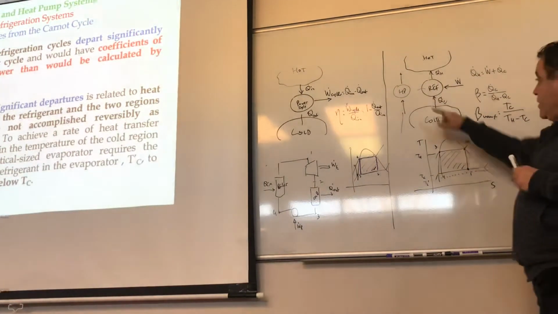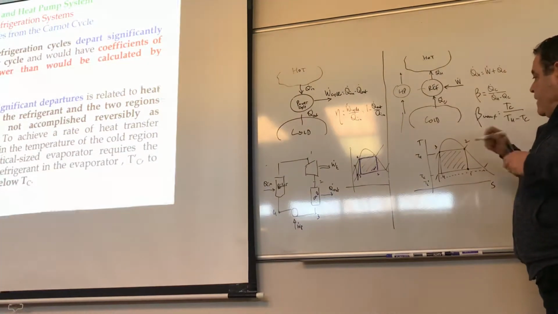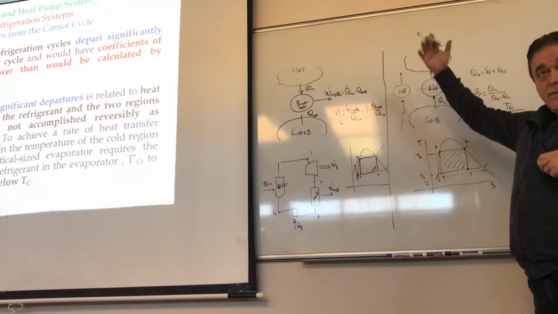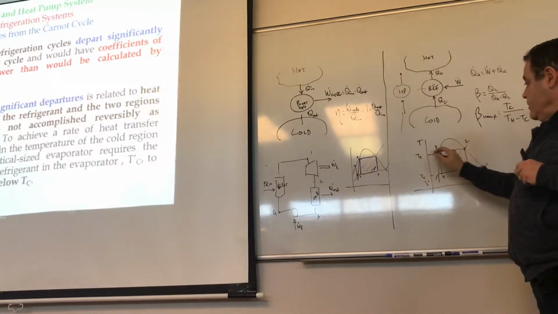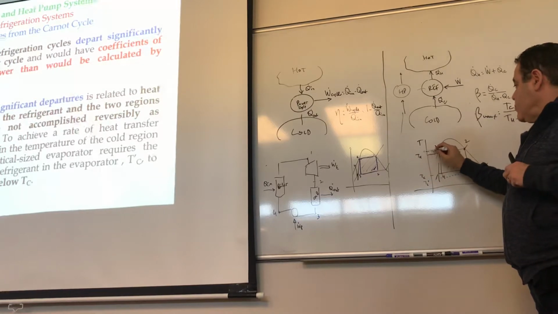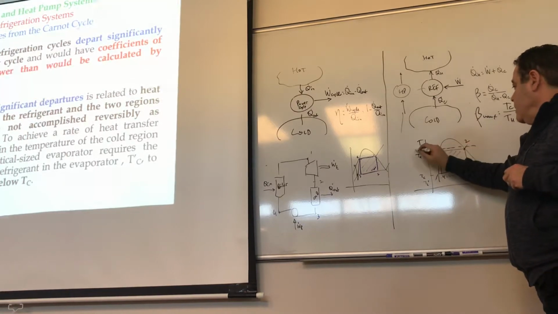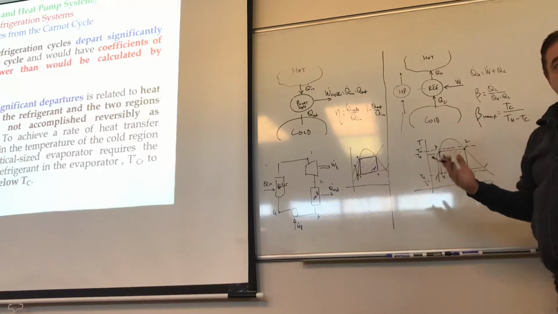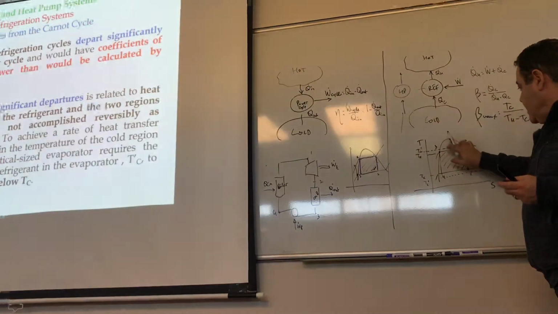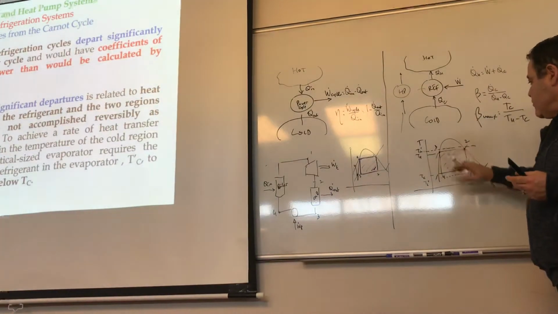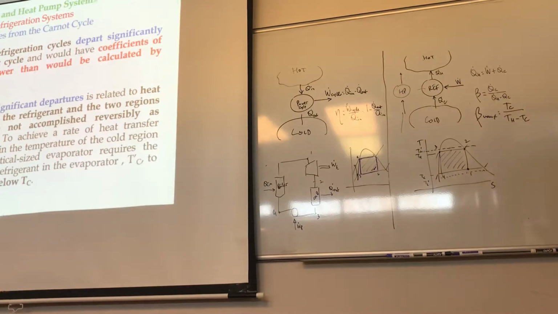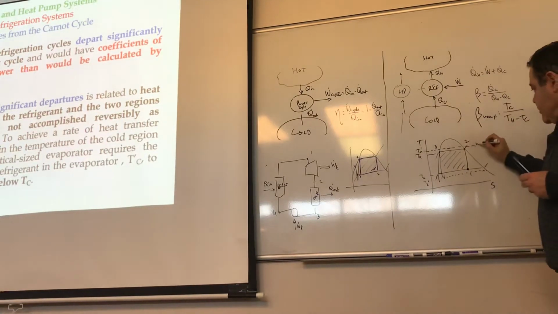At the same time, here at the hot end, if I want the refrigerant to transfer heat to the outside, that means the temperature of the refrigerant has to be higher than that, so that you can have this heat transfer from the refrigerant.